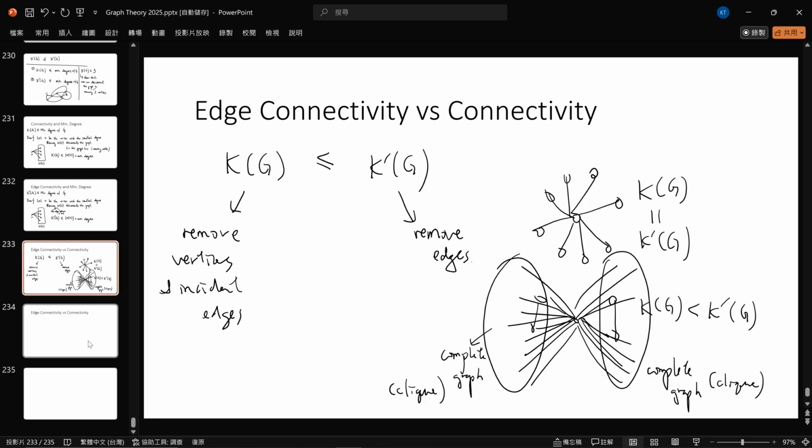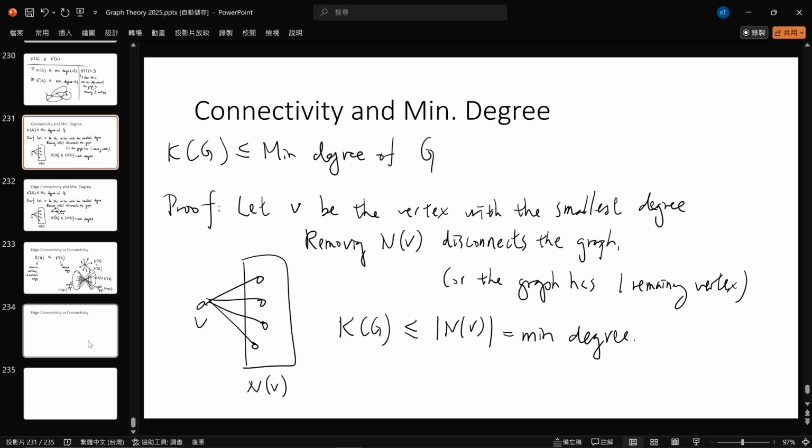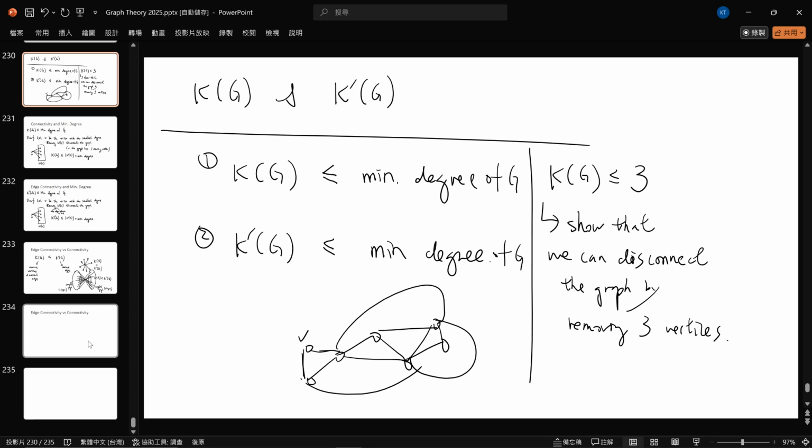Let me first give you the high-level idea behind the proof. I want to show that kappa G is at most something, so this is the structure that we've seen here. All we have to do is to show that we can disconnect the graph by removing this something vertices.